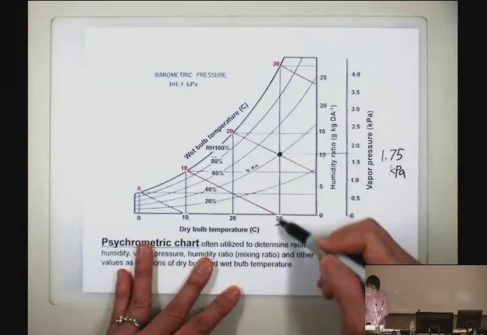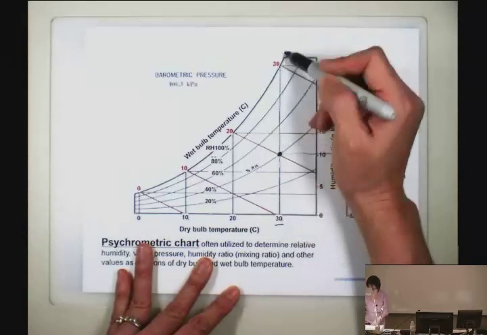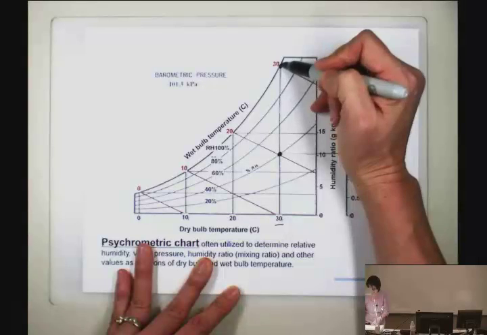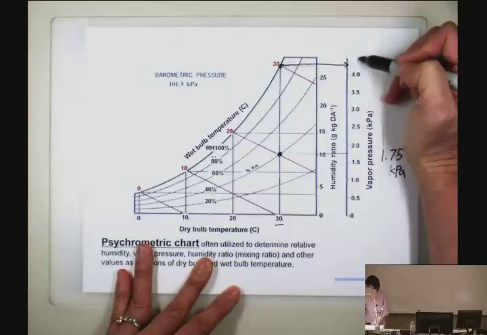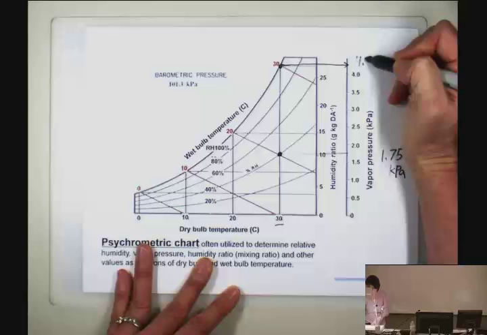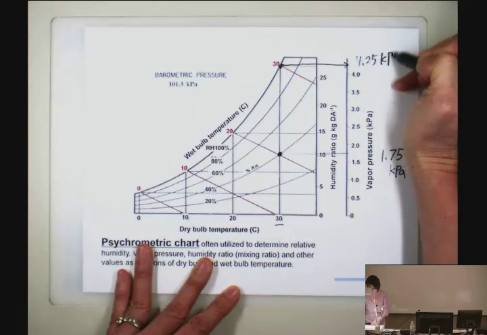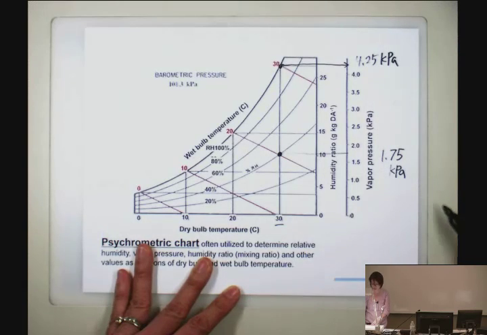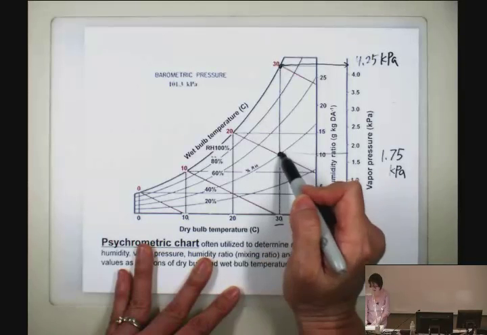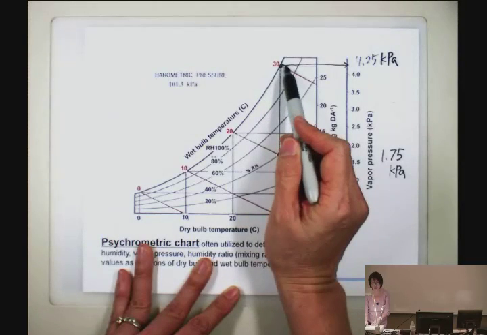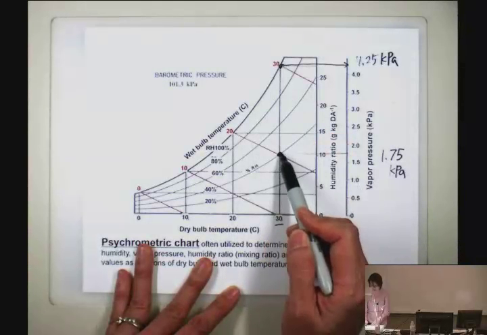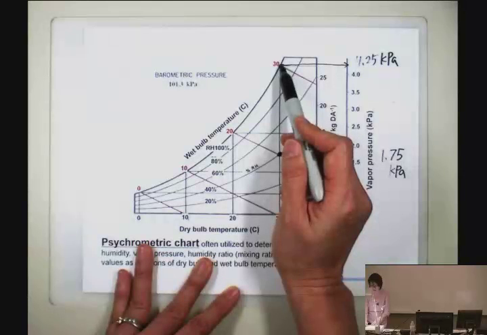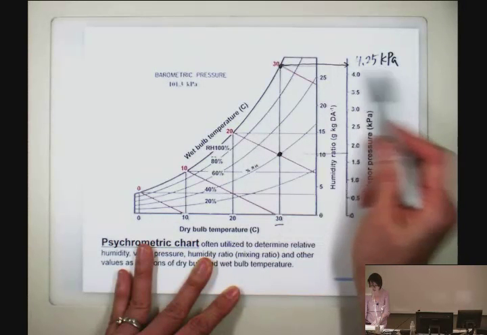So 30 degrees C and 100% is right here. The saturation is a little off the range, but I can guess 4.25 kilopascal as the saturation. So this is my current, and this is the potential saturation, right? Current is 30 degrees C, 40%, and the potential is 100% humidity, so the potential saturation vapor pressure.